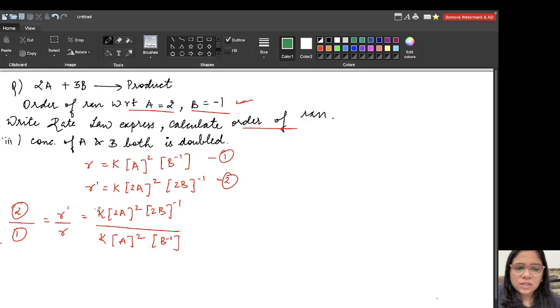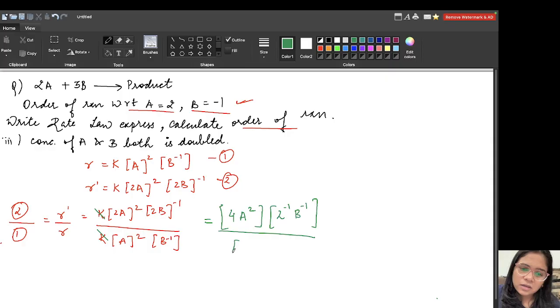So what will happen? Your K and K will get cancelled. What is the ultimate thing? 4A squared, 2 raised to the power minus 1, B raised to the power minus 1, just opening the brackets, divided by A squared, B raised to the power minus 1.